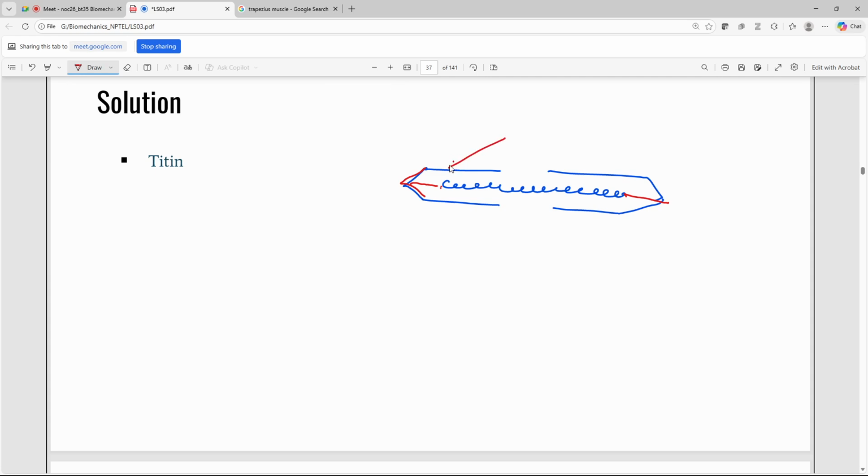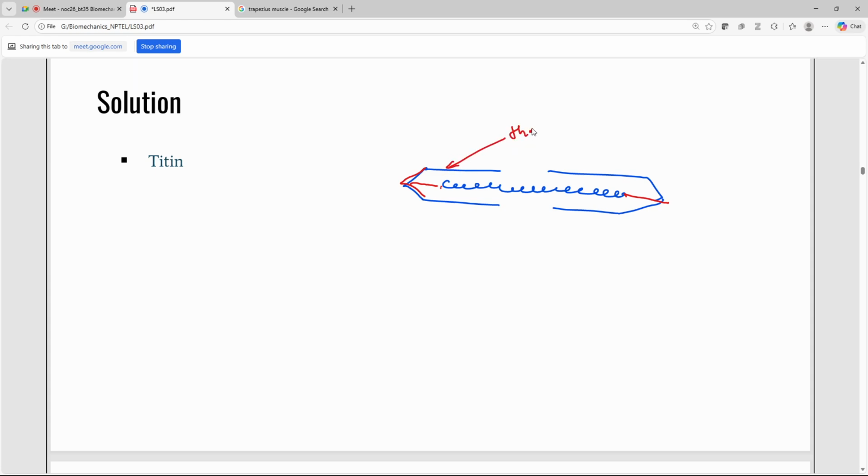So these are thin, thick filament. There is a Z disc. The thin filament directly connects to the Z disc, whereas the thick filaments, that is the myosin filaments, are connected using something called titin.